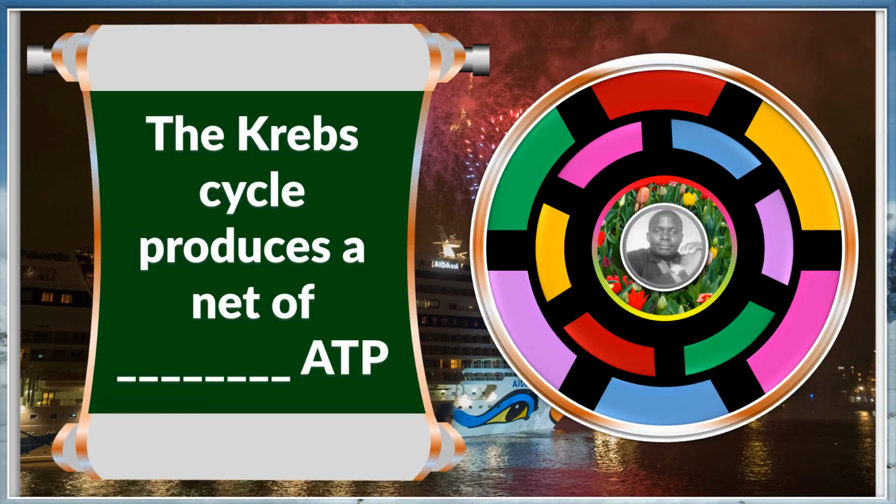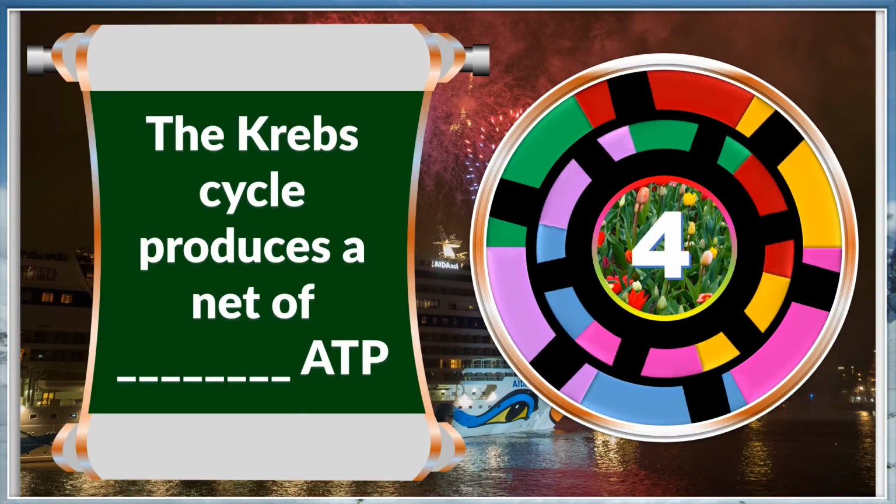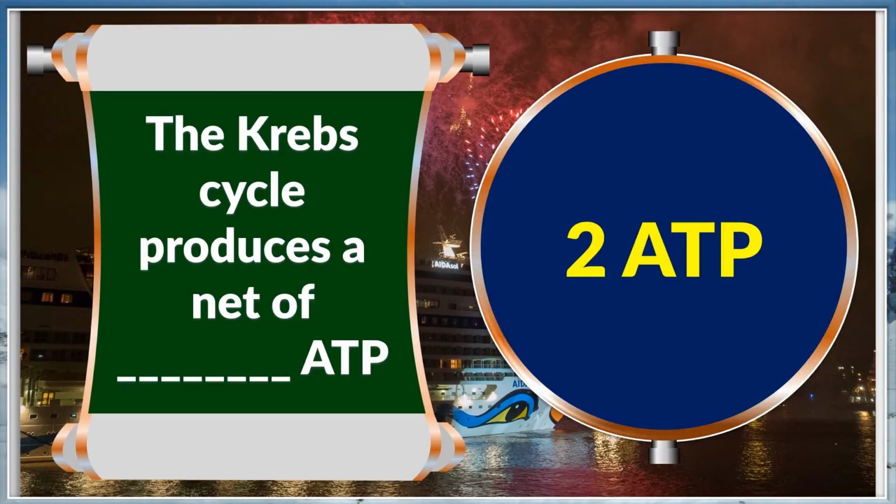The Krebs cycle produces a net of dash ATP. Two ATP.